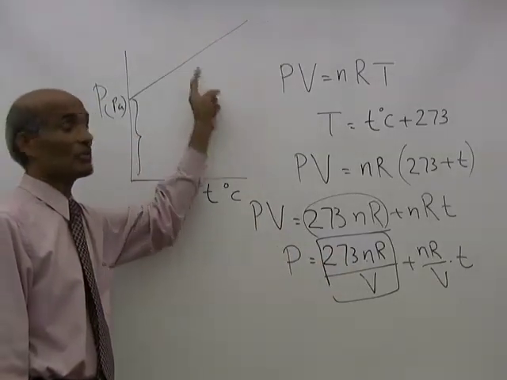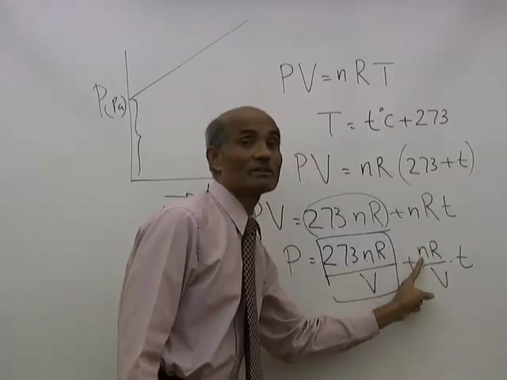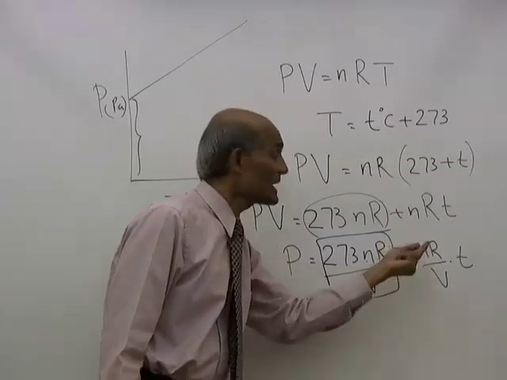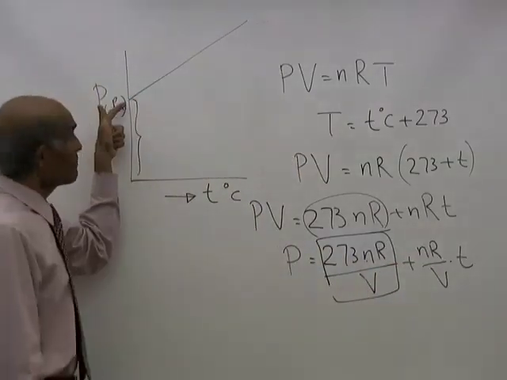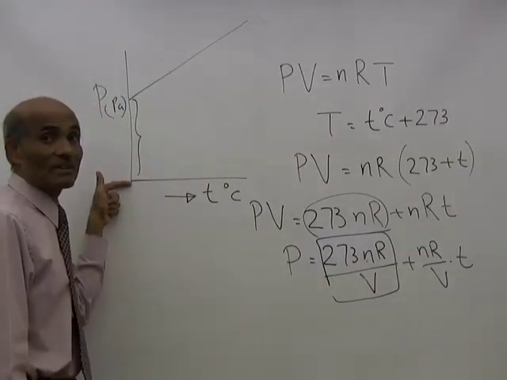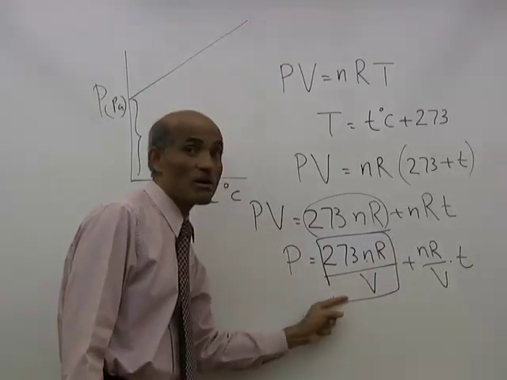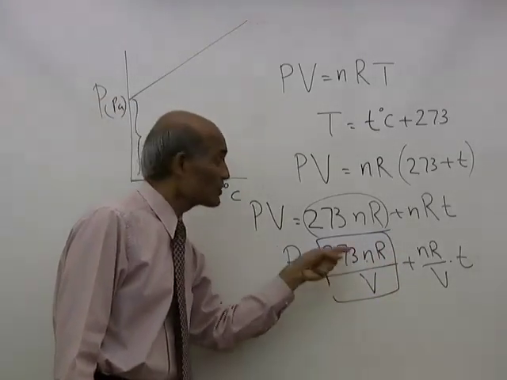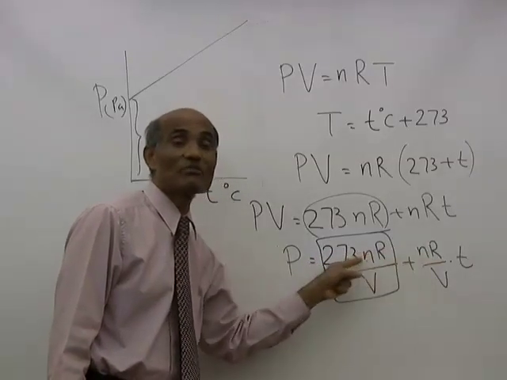Measure its slope, set it equal to nR over V, and calculate the value of n. Obtain the y-intercept, set it equal to 273 nR over V, and also get a value of n from there, and obtain the average of the two.